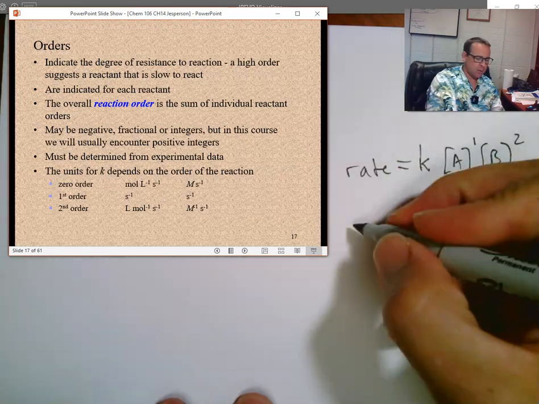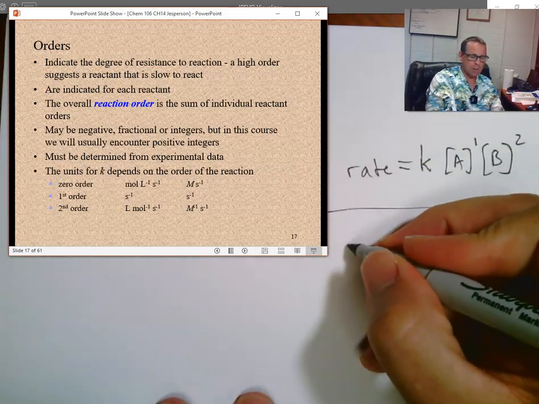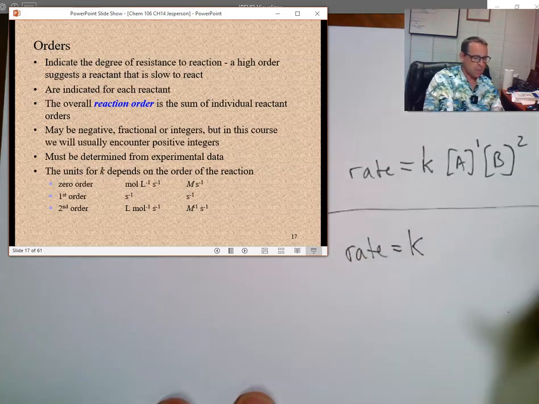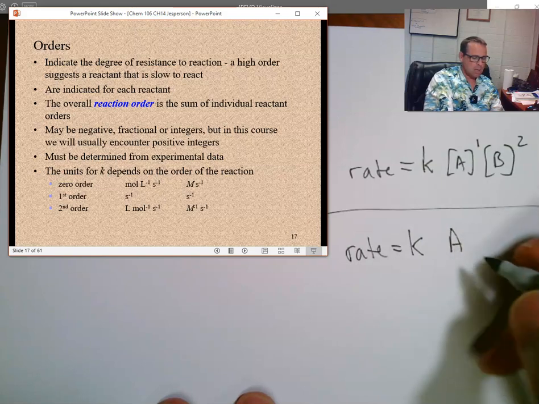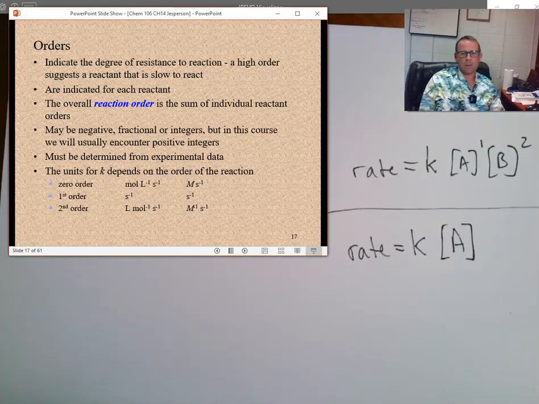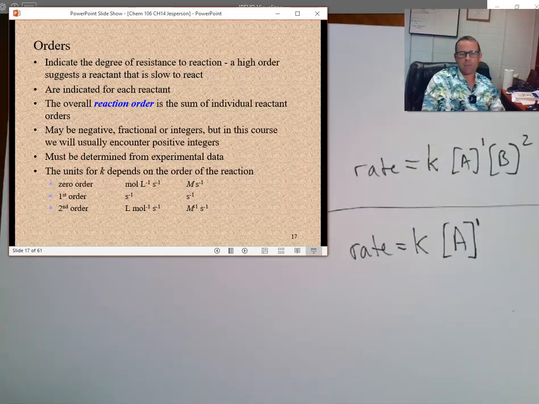If I have another rate law here for a different chemical reaction, rate equals lowercase k, A. That's all.